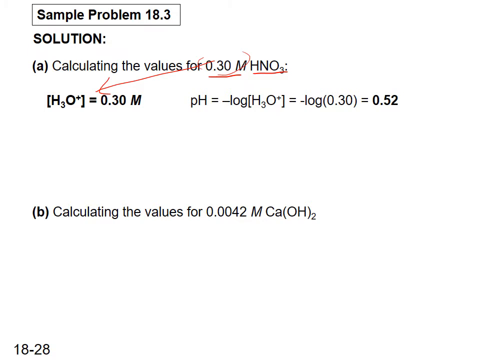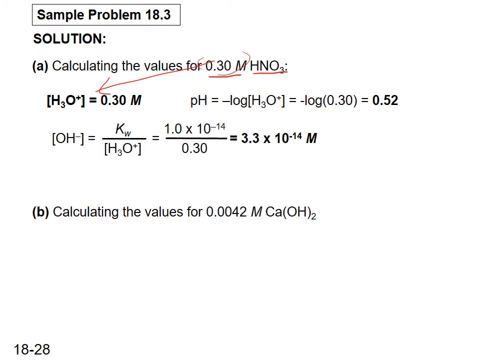Okay, next, to calculate OH, you need to use the equation: the product of OH and hydrogen equals Kw. And so OH is Kw divided by hydrogen ion. Okay, so hydrogen ion is calculated here.